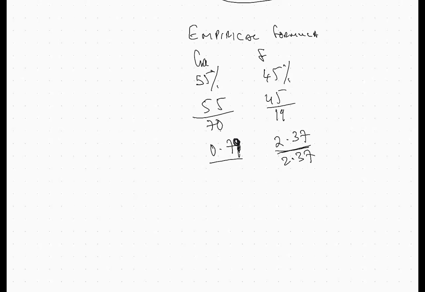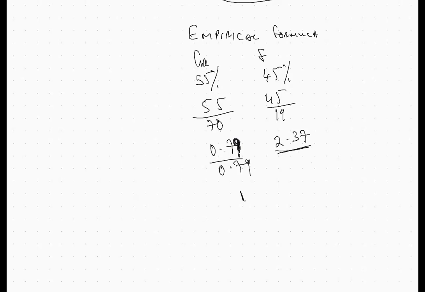So I have gallium 55, and if I divide it by 70, I get 0.79, and 2.37 for fluorine. The smallest is 0.79, so I divide by 0.79, I get 1 here. So always divide both numbers after you get the number of moles.